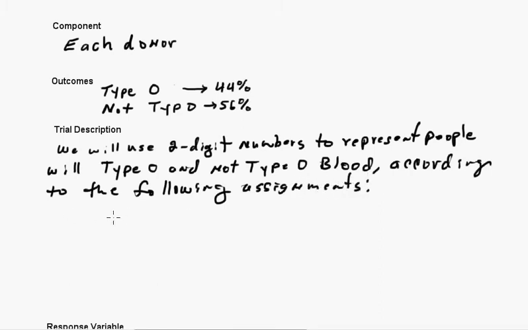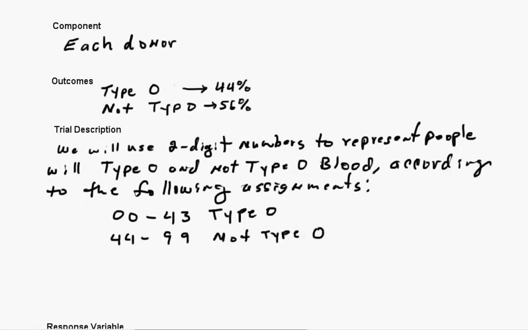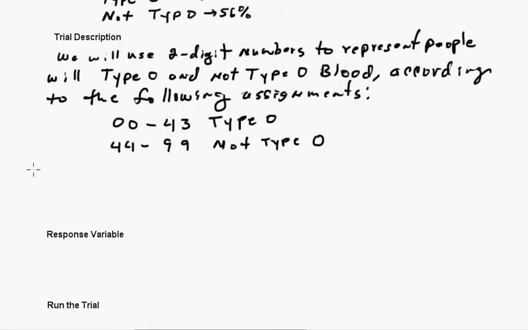We're going to say from 0 to 43 is type O, and from 44 to 99 is not type O.